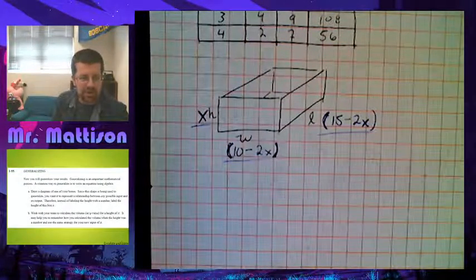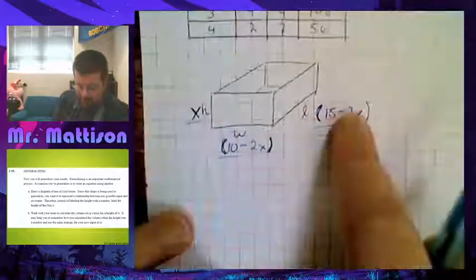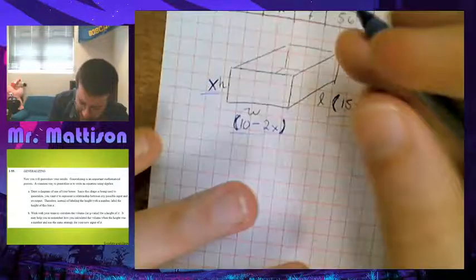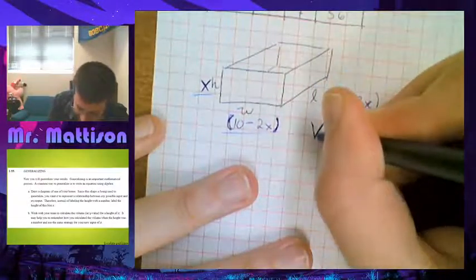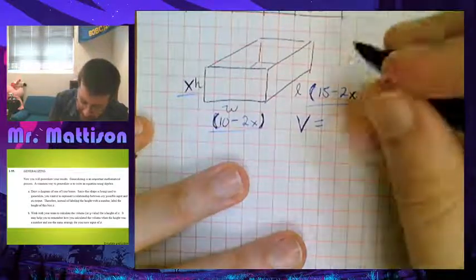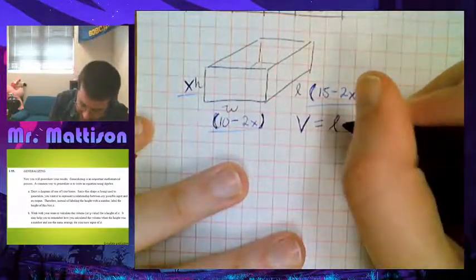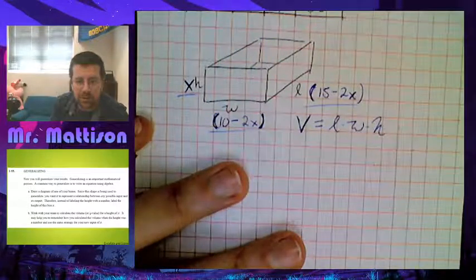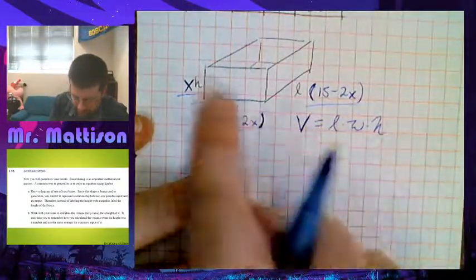So now let's try and figure out, hey, what's the volume in this term? Because the nice thing here is we only have one variable, x, for every single length. So our volume of a general prism is going to be length times width times height. So I just got to say this times this times this.